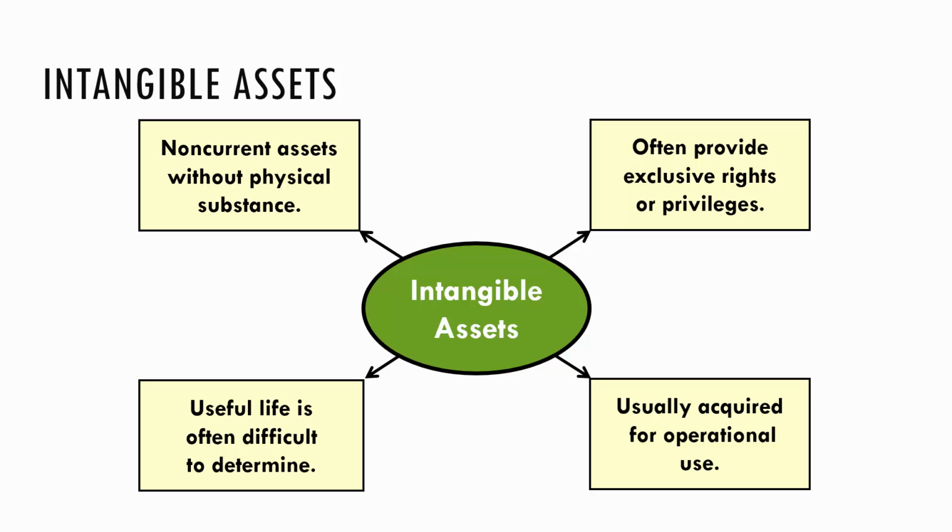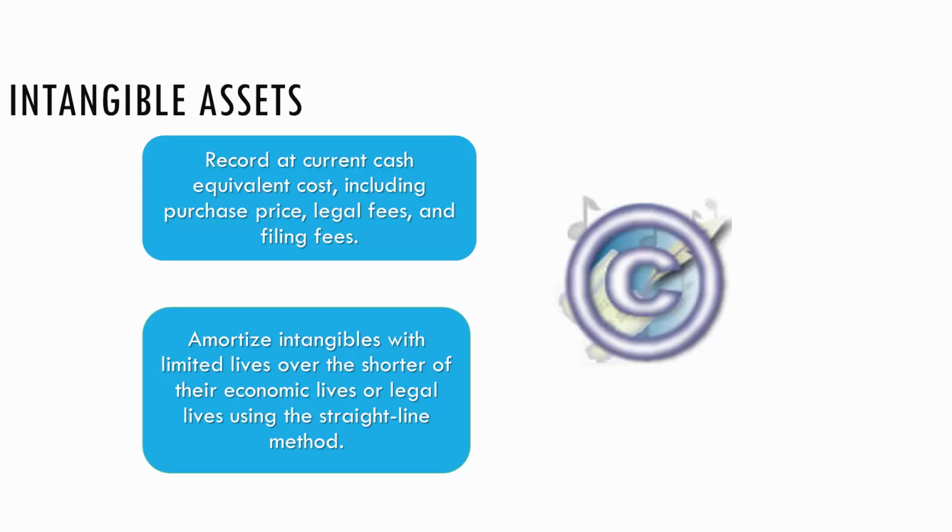However, in many instances you know the useful life, and the amortization method is straight line usually, so it's a simple calculation. You record these at their cash equivalent cost, which is everything to get it into a useful condition.